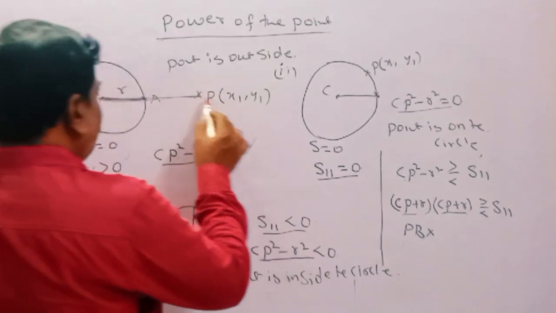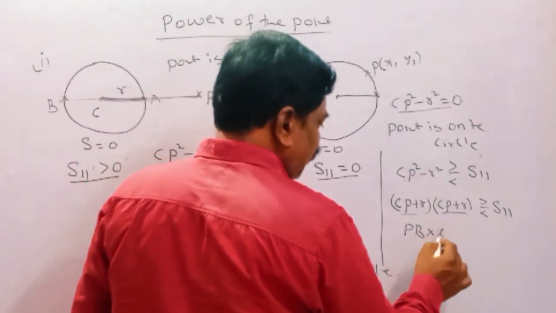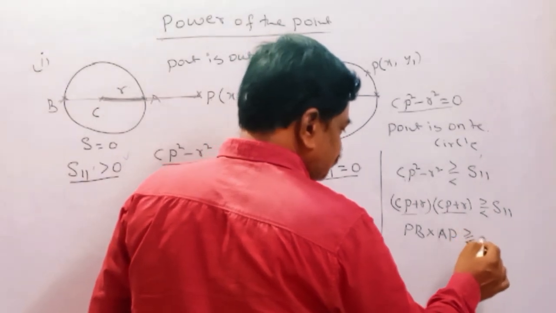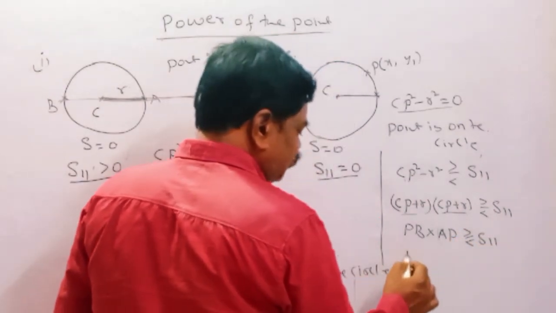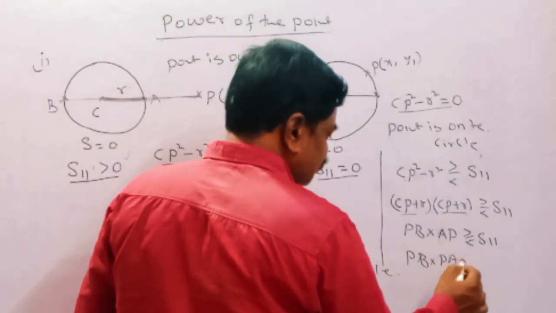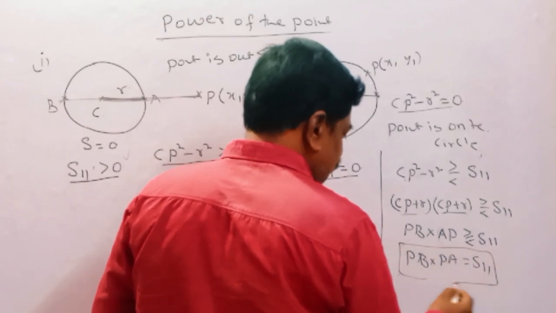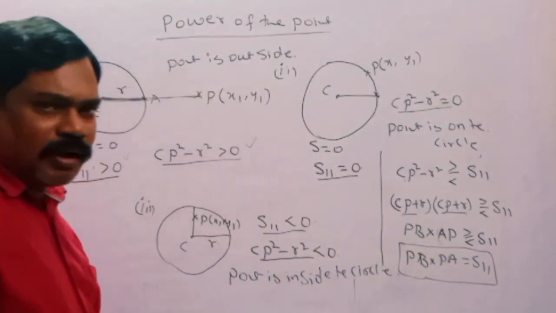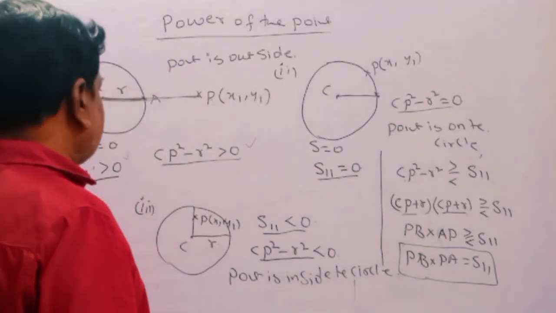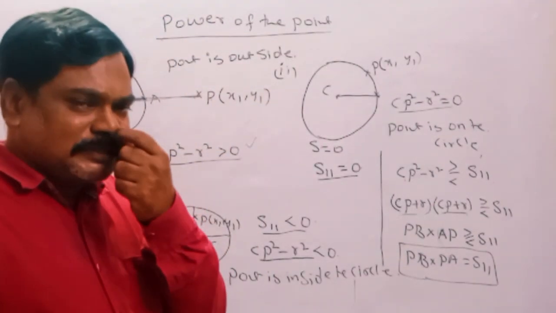PB into PA is greater than, equal to, or less than S11, then we give PB into PA is equal to S11. This is the condition.